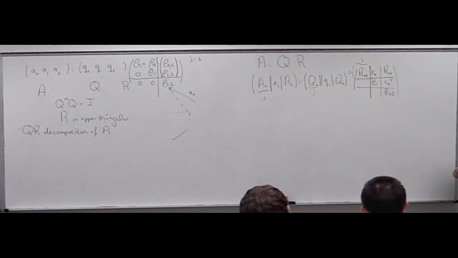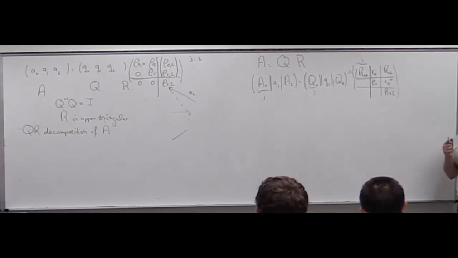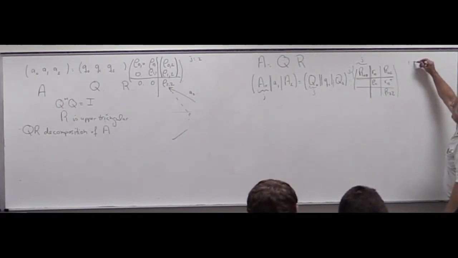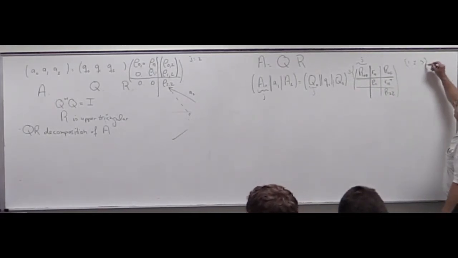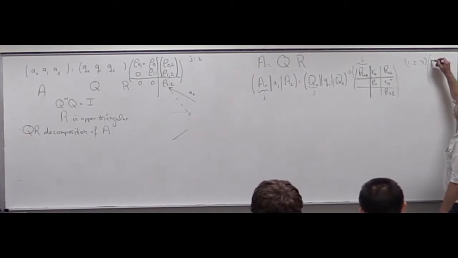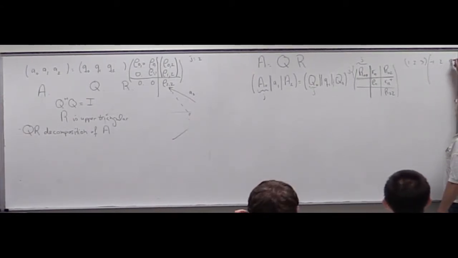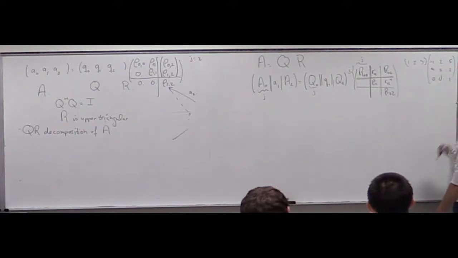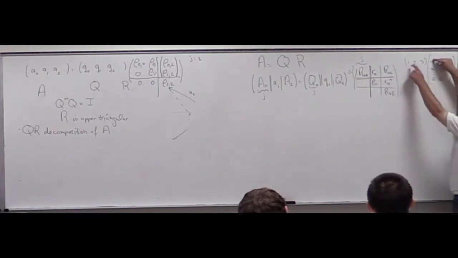Good. Okay. The other thing that you have to get used to in this class is partitioned matrix multiplication. Anytime I see this, I see something that looks like this. And if I did this multiplication, I'd know exactly what to do, right?